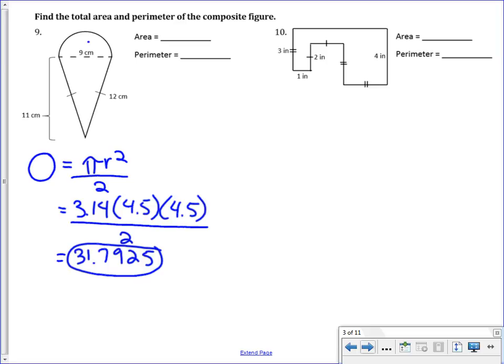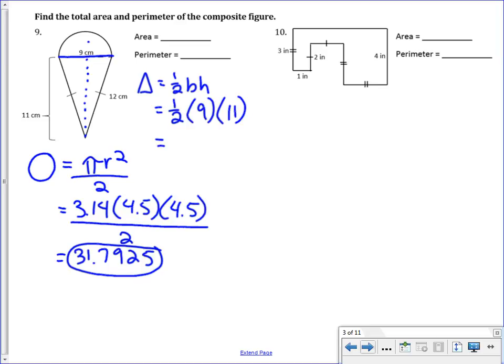Then I also have a triangle. This here is a triangle. When I look at this, it's upside down, but it's a triangle. So my 11 is my height right here, because it's just showing me on the outside of the triangle, but that's my height. So to find the triangle, it's half BH. That means half times 9 times 11.